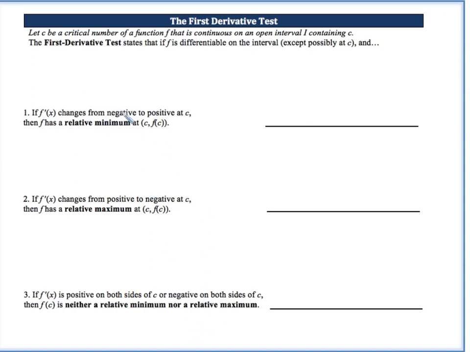So let's think about what that means. Okay, so we're going to have a critical number here at c, and the derivative is going to change from negative to positive. Okay, so on this side, we know that f prime of x is going to be less than 0. And on this side, f prime of x is going to be greater than 0. Now what do we know f prime of x is at c? Well, we would know f prime of x equals 0 right here. So if we were to graph this, we know this is a decreasing function here.